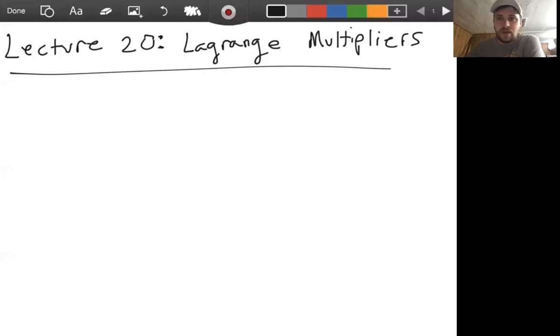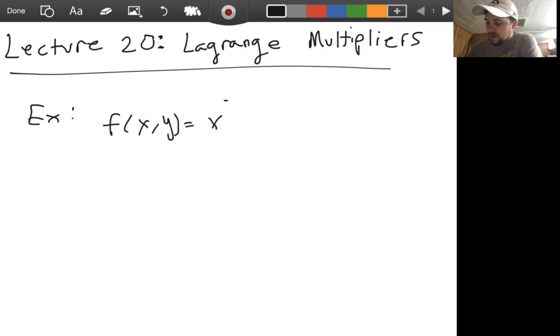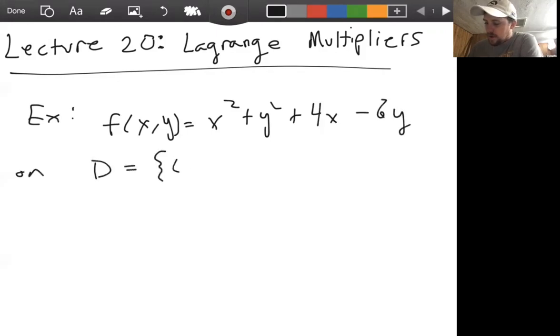When we were finding maxima and minima over closed and bounded domains, for example, when we were trying to find the absolute extrema of the function f of x y equals x squared plus y squared plus 4x minus 6y on the domain given by points in R2 such that x squared plus y squared is less than or equal to 16.